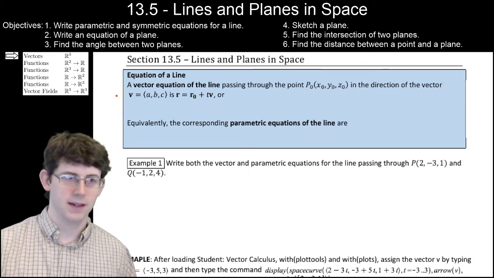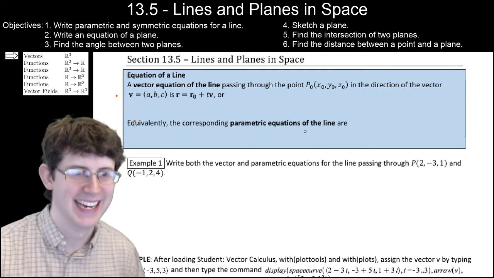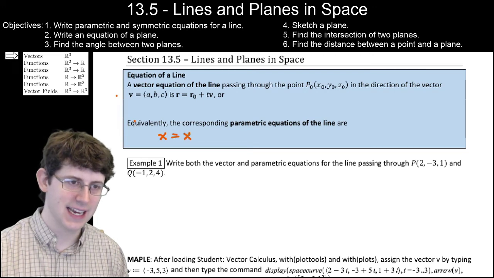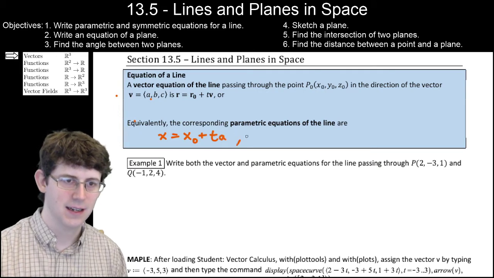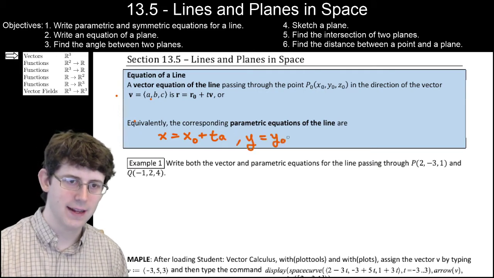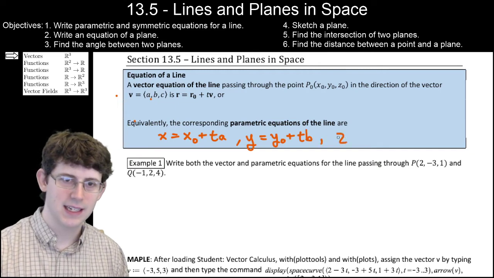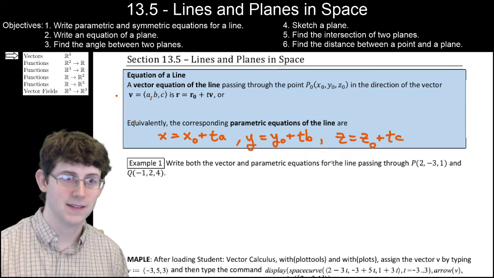Okay, so the parametric equations of a line, the easiest way to do it is x is the starting point plus t times how much you're going in the x direction. Y is your starting y plus t times how much you're going in the y direction. And z is your starting z plus t times how much you're going in the z direction.